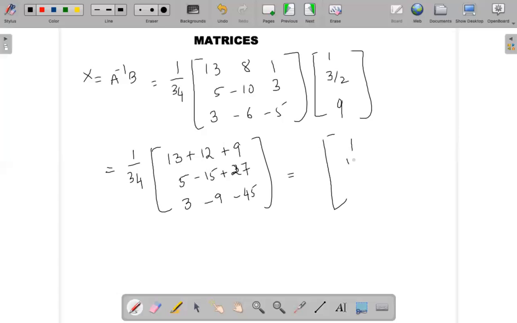Next will be 1 by 2, and minus 3 by 2. So we got the x value as 1, y value as 1 by 2, and z value as minus 3 by 2. So we got that, right?